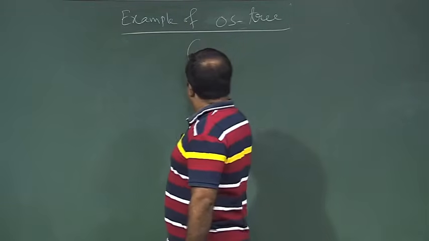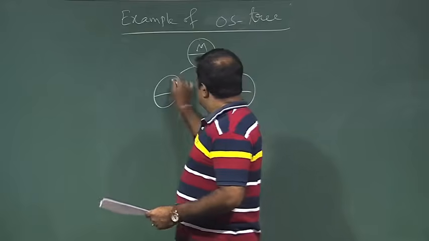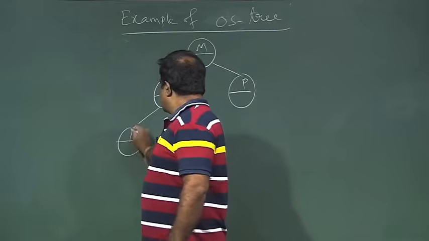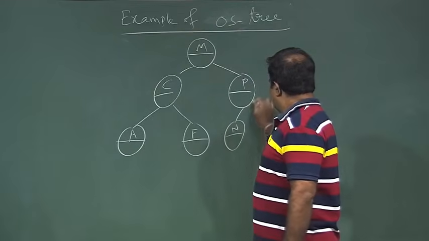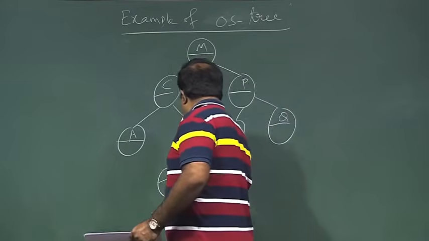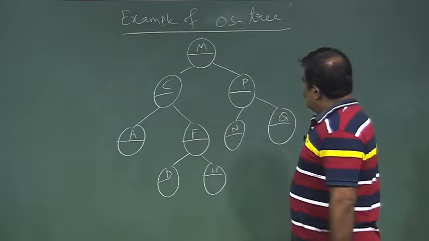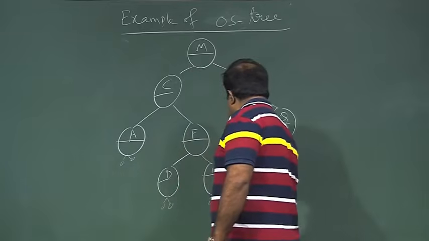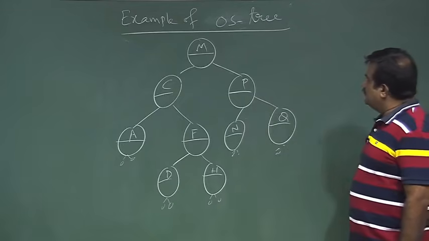Suppose these are the nodes: C, P, A, F, N, Q, D, H. Then we have the leaf nodes to make this. Okay, so this is our red black tree.